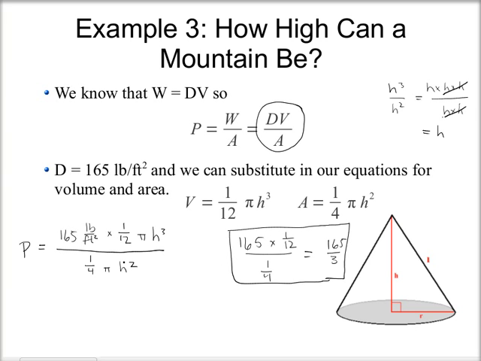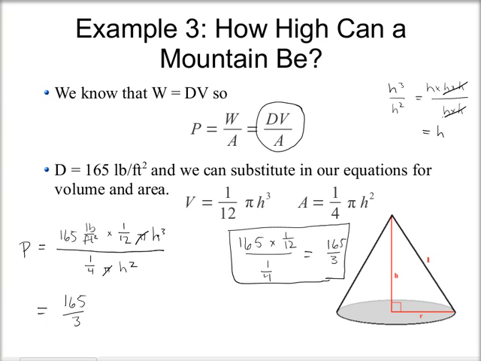So I can use that now to simplify my formula for pressure. I also notice that I've got pi on the bottom and pi on the top, so I can cancel those. What does that leave me with? Well, I've got all these numbers, 165 times 1/12 divided by 1/4, which I said was 165 divided by 3.